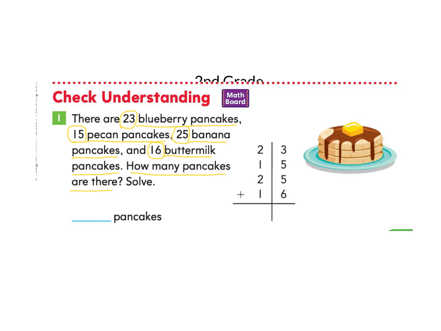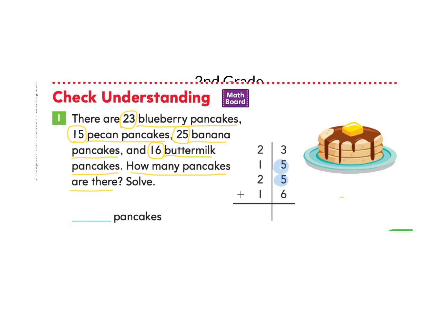I'm going to first take a look at my ones column. I have 3, 5, 5, and 6. I notice that 5 and 5 are doubles, so that's a really good strategy for me to add, because 5 and 5 are doubles and they also make 10. So I'm going to add 5 plus 5 first.